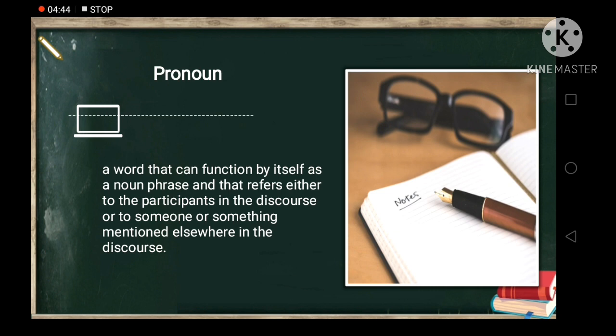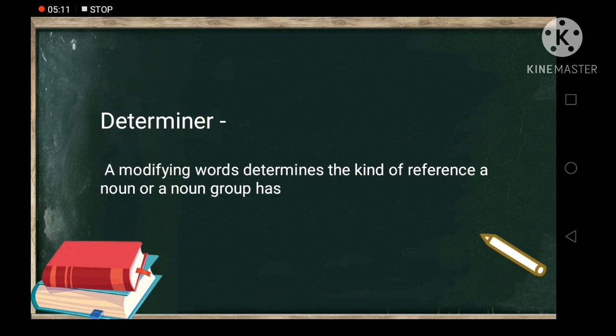Examples of pronoun are I, you, she, this. So as you observe, this pronoun is very important upon building a sentence. And that's all.